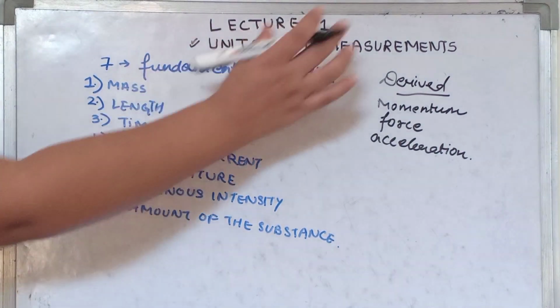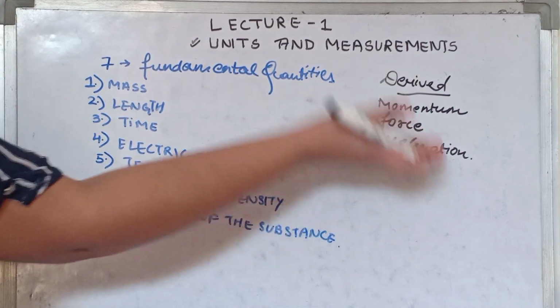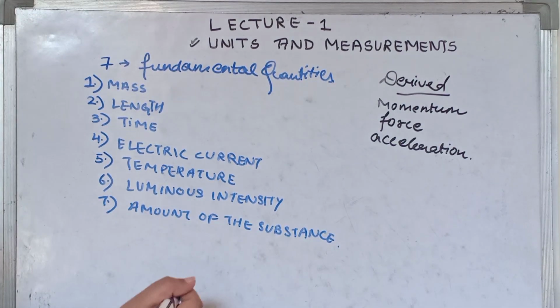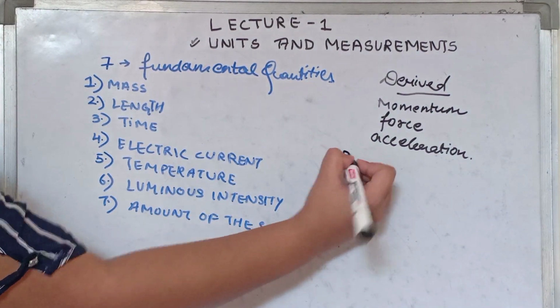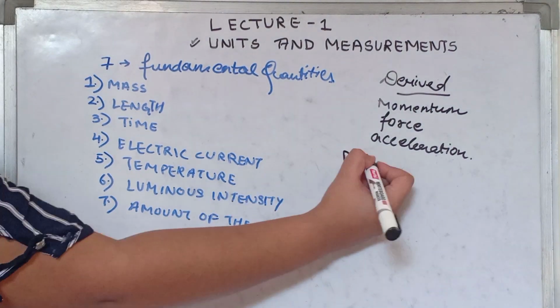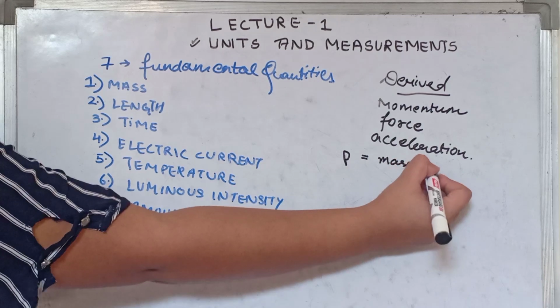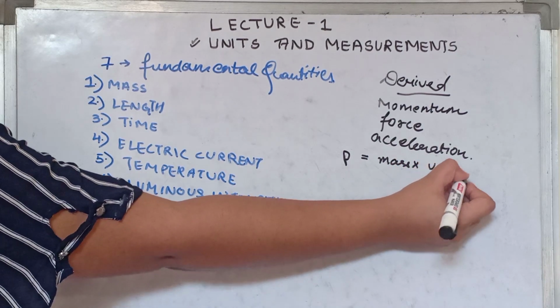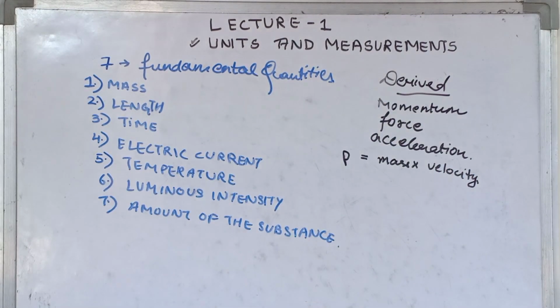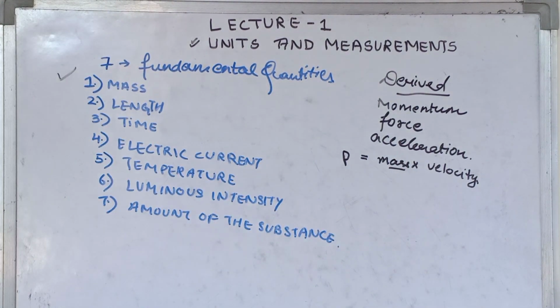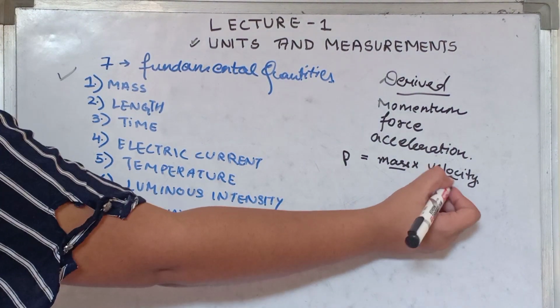We can define all these physical quantities in terms of any of these 7. Now see, what is momentum? It is represented by P, and it is equal to mass into velocity. Mass is a fundamental quantity. What about velocity?